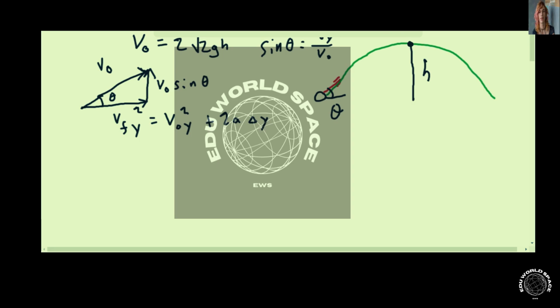So v final in the y direction is going to be 0 again, equal to, we now have v naught y, which is this value right here. So we've got to make sure to square it. V naught squared times sine squared theta minus 2gh again.